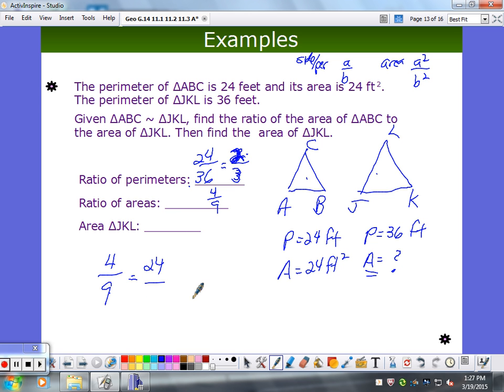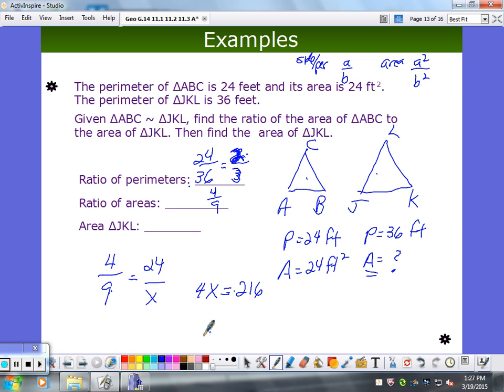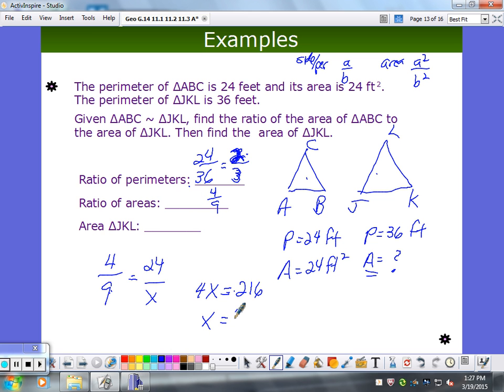This is the one I don't know. So you use that ratio to find the missing piece. You can do a cross product. 4x will be 24 times 9, which is 216. And so you divide by 4, and you get 54. And what am I using?